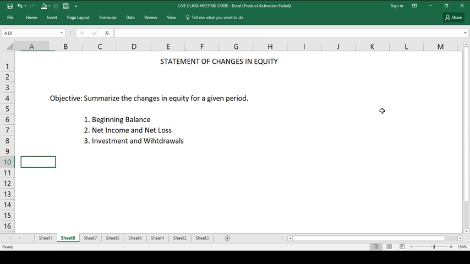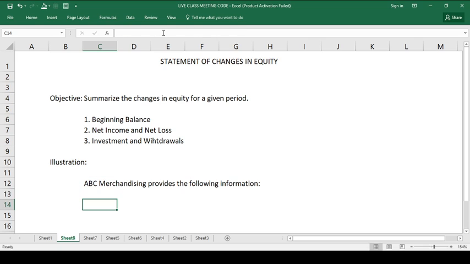So for example, this will be my illustration to you. Let's say ABC Enterprise, or merchandising, let's focus on merchandising, provides the following information.